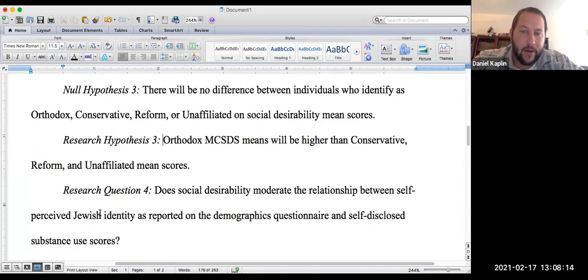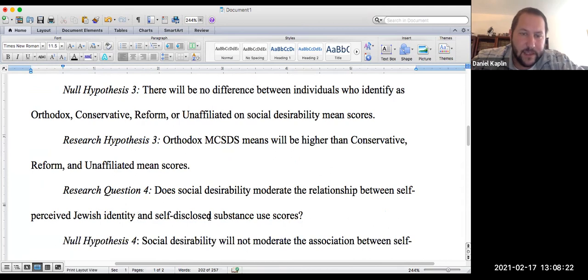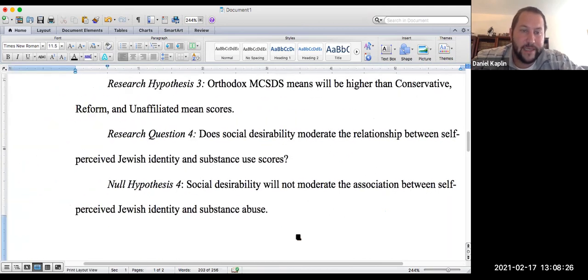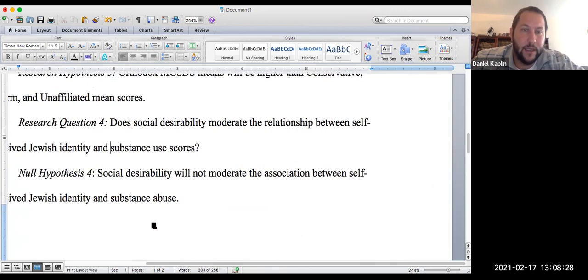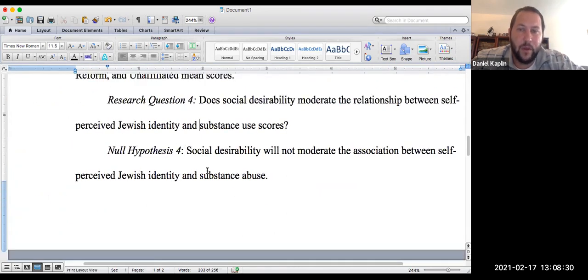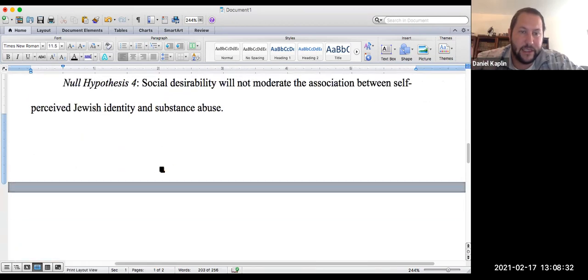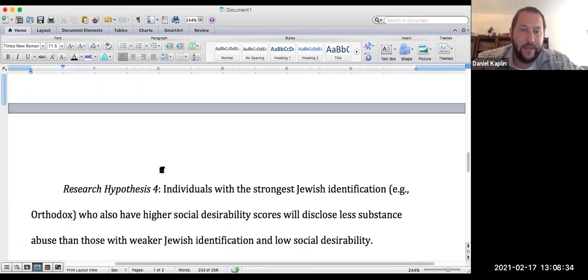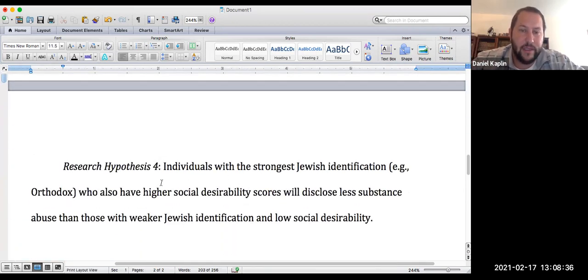Now, does it moderate the relationship between self-reported Jewish identity and substance use? You could say social desirability will not moderate the association. Good. That doesn't even need to be touched. And then you could say individuals with it, this one doesn't need to be touched.